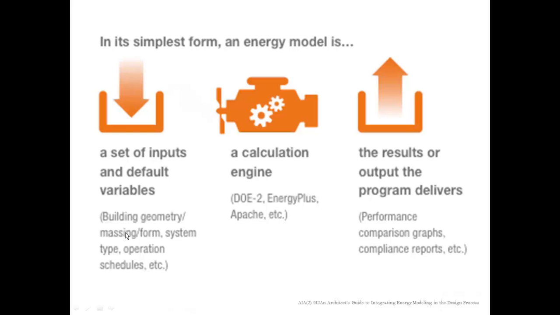Okay, and we're talking about building geometry, massing, system type, operation schedules. So in order to have an energy model, and to run a simulation, you have to have those inputs. Otherwise, how can the simulation energy know what parameters it is simulating?